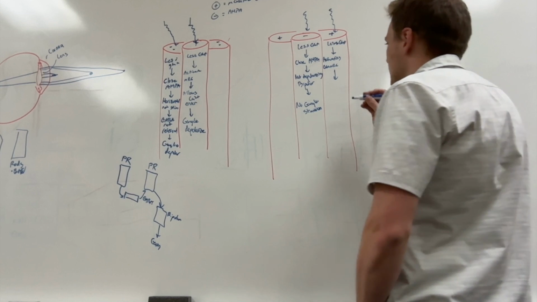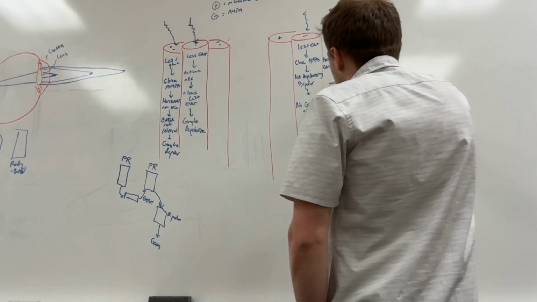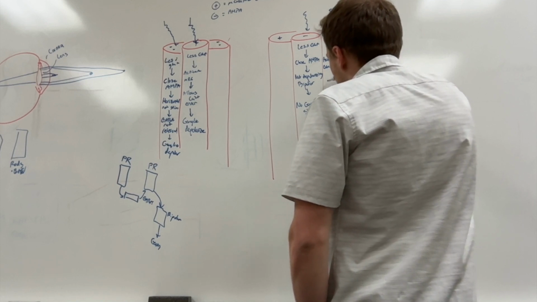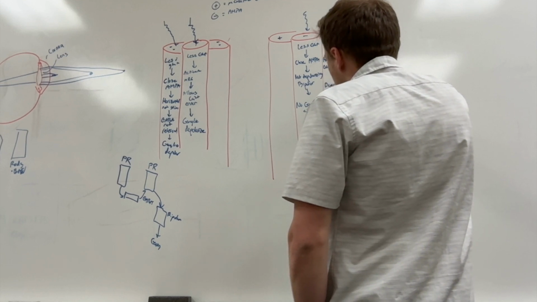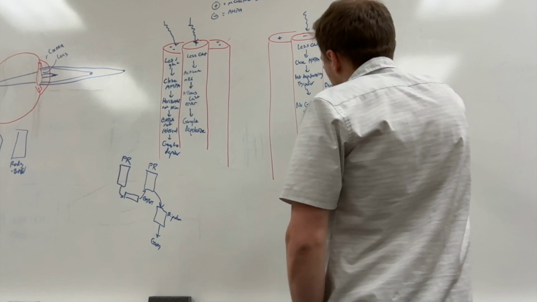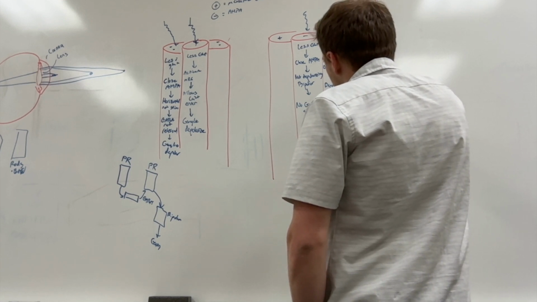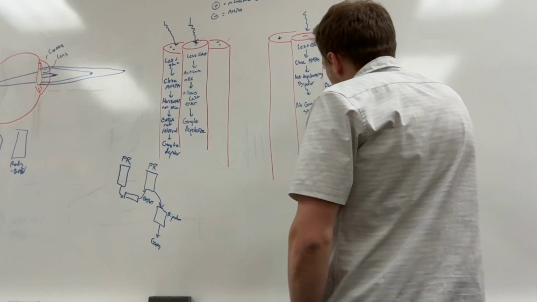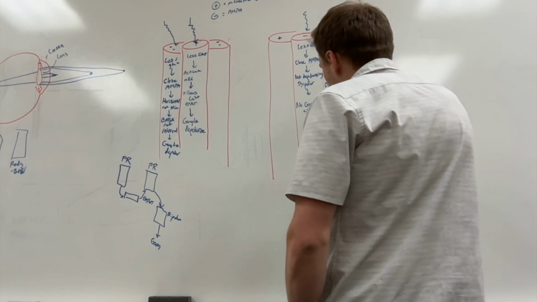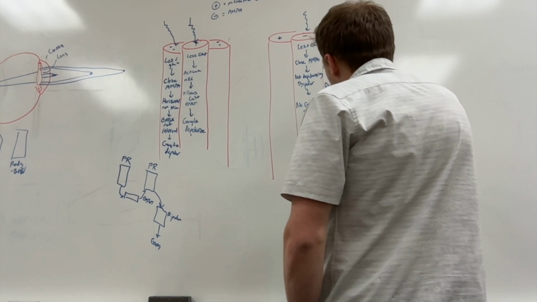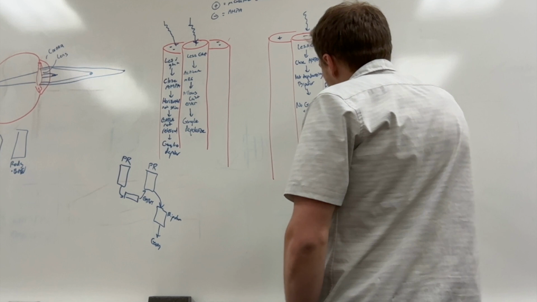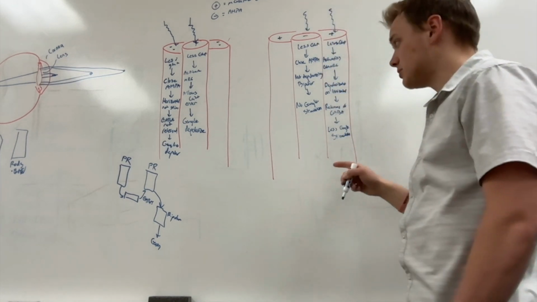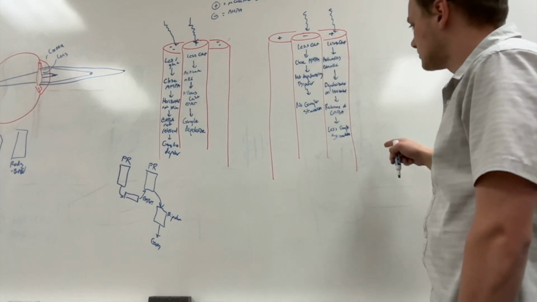That will in turn cause depolarization of the horizontal cell, which will cause release of GABA, which will ultimately cause a downregulation. Less ganglion cell stimulation. Okay.